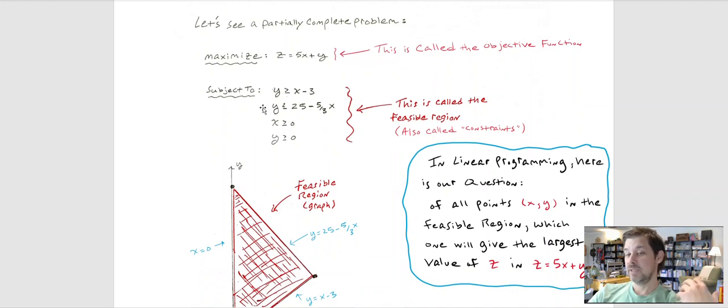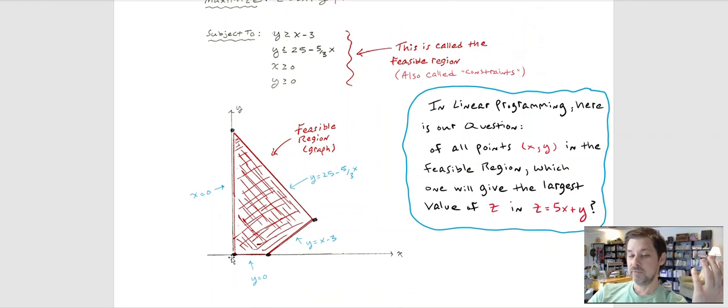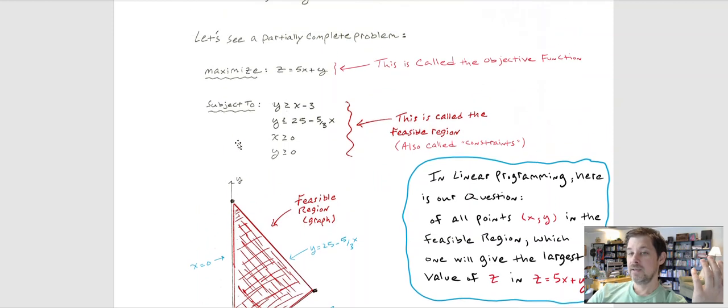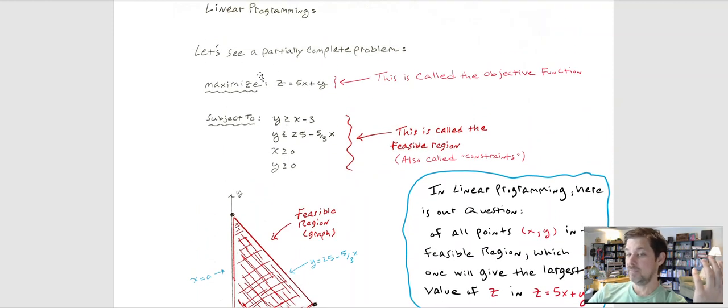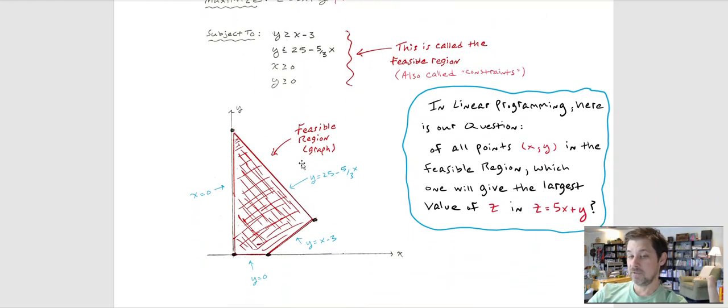The constraints will be inequalities, and we graph the inequalities. We'll notice that there are corner points in that region, and the maximum or minimum of the objective function will have to be at one of the corner points.